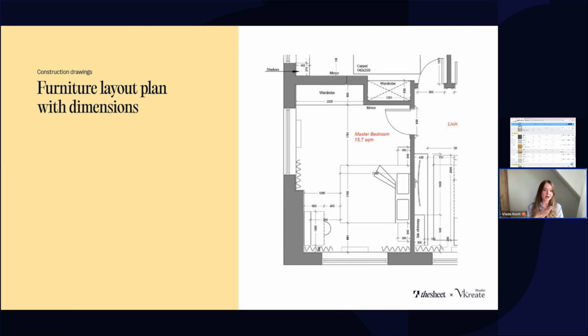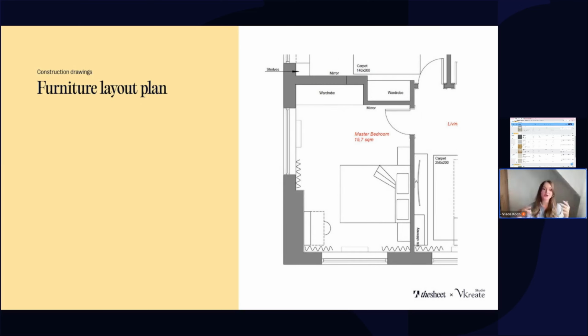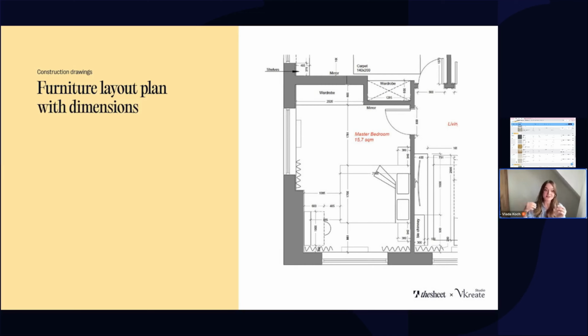And then we move into the furniture layout plan. And as I mentioned in my first webinar, I always like to share with the clients 2 furniture layout plans, one with dimensions and one without dimensions, because you have to understand the clients are essentially people who never work with construction drawings or drawings in general, and they sometimes just don't understand the difference between the furniture line and the dimension line, and the drawing just seems impossible or very hard to read for them.